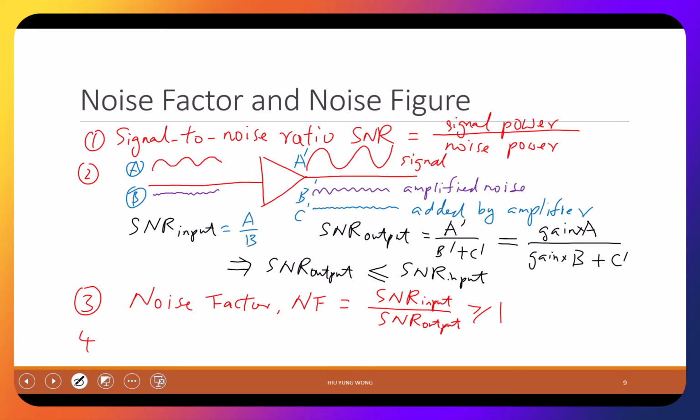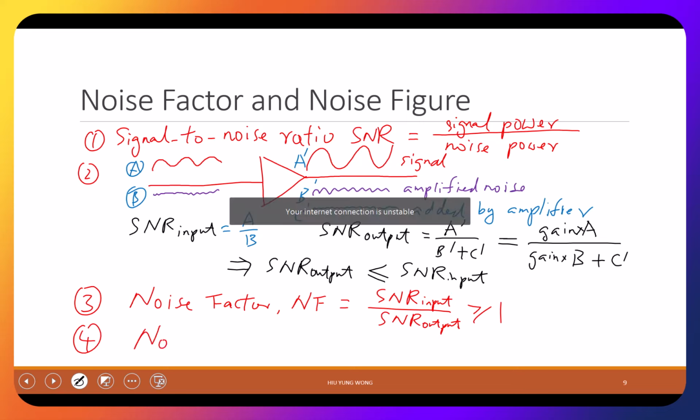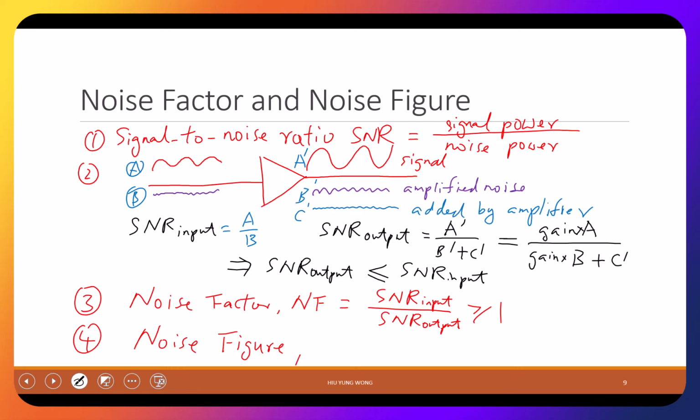And there is another commonly used term called noise figure. Some people still call it NF, so you need to make sure what they are talking about. But it's not difficult. Let me call it NF in dB here.